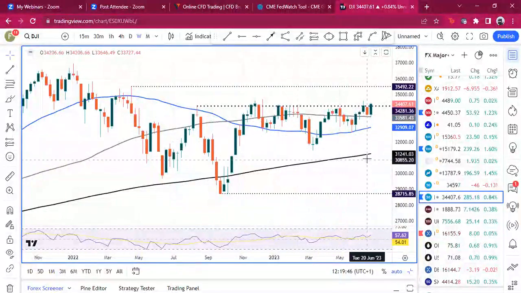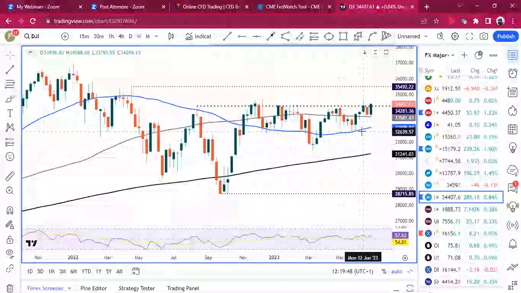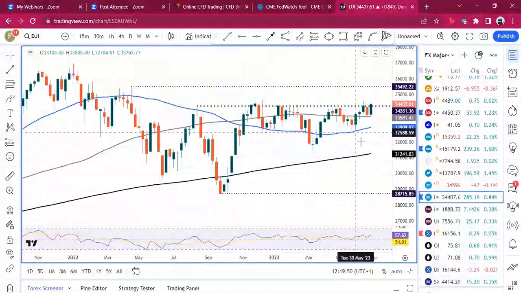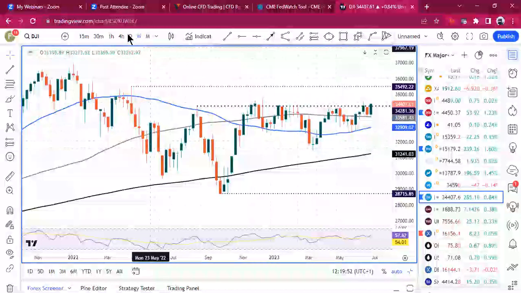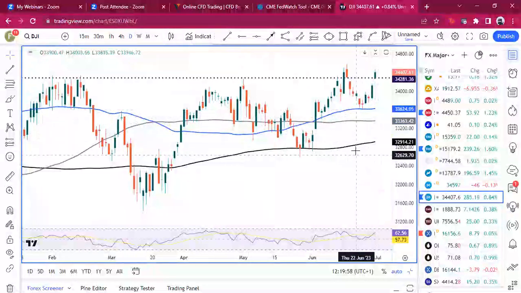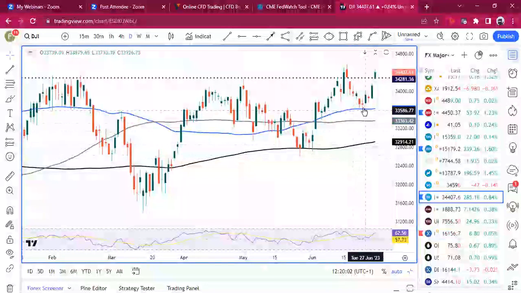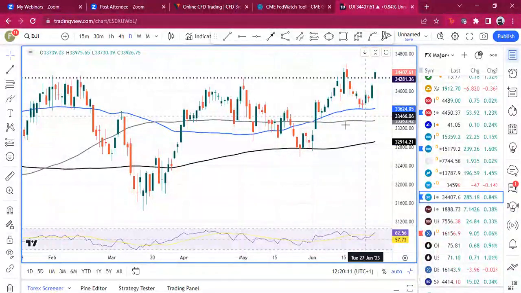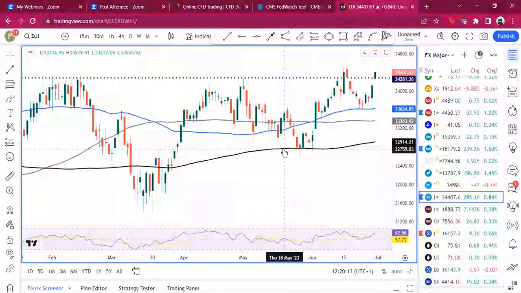Potentially then support at 33,581, before the 50-week moving average, that blue line, could do a job as well at 32,909. Nearer term on the dailies, you can see the 50-day moving average at 33,624. I probably stick to that. As you can see, it held prices initially last week. That's in the Dow.